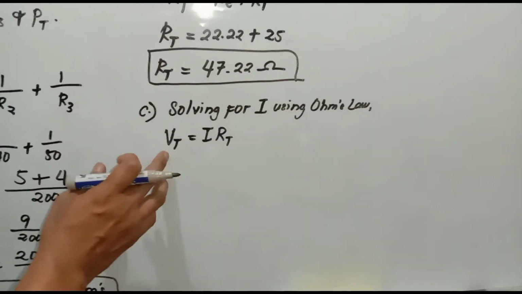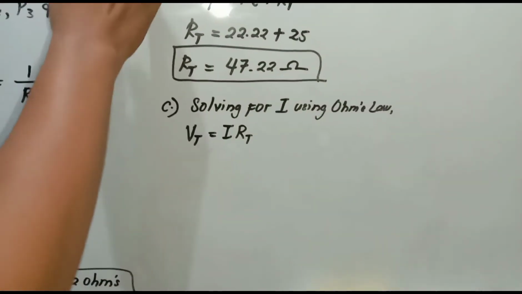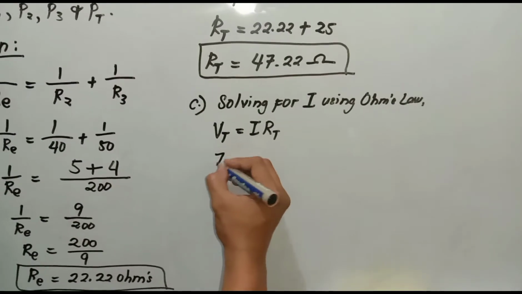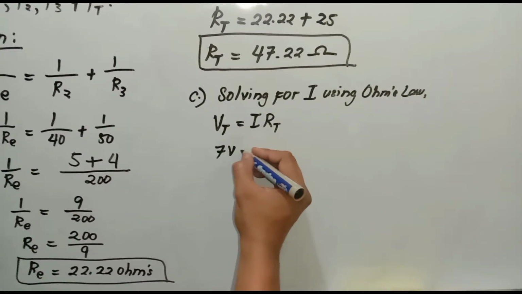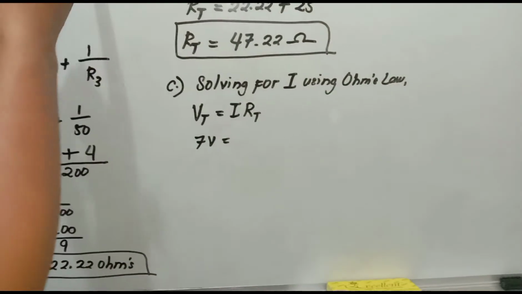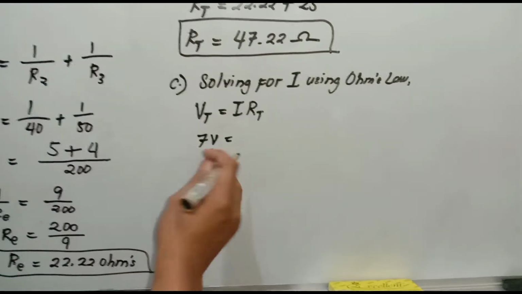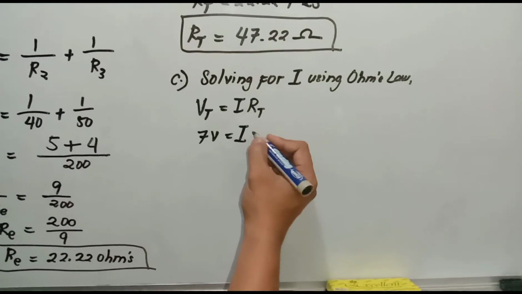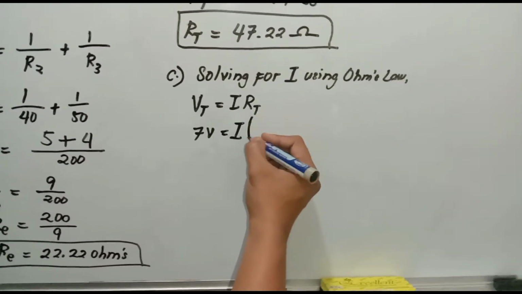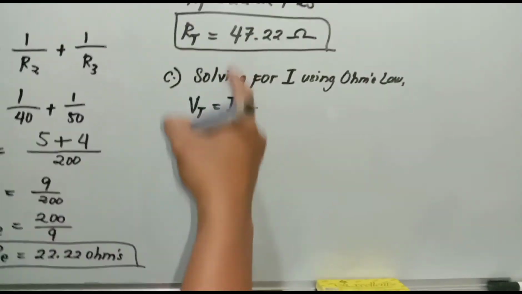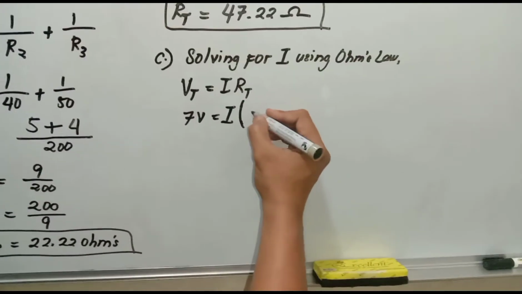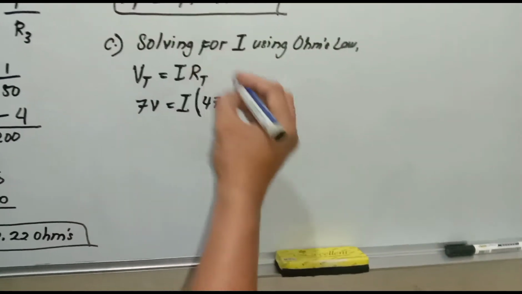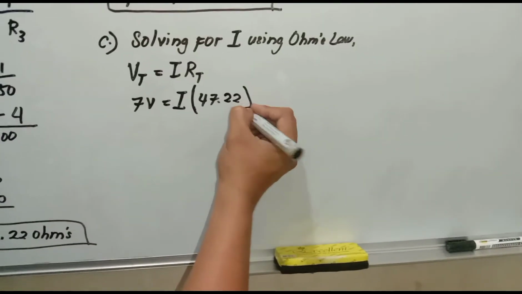Since we are given 7 volts, substituting the value, 7 volts, the battery source, is equal to I, the unknown, times the total resistance we computed here, 47.22.